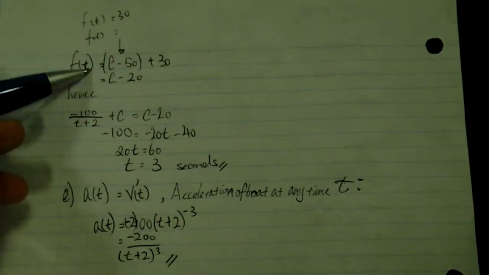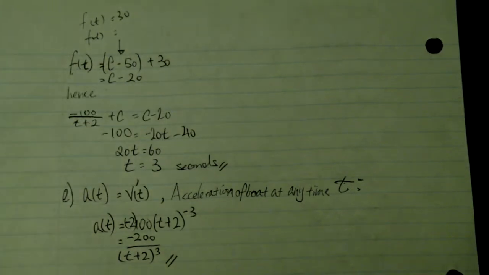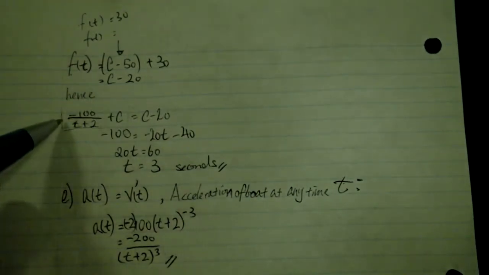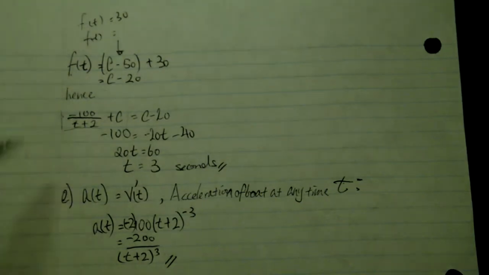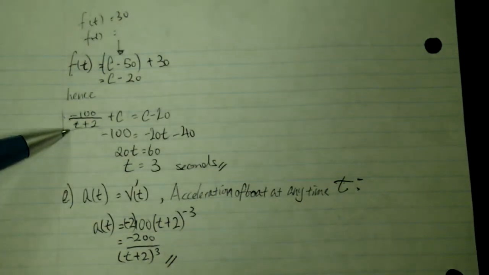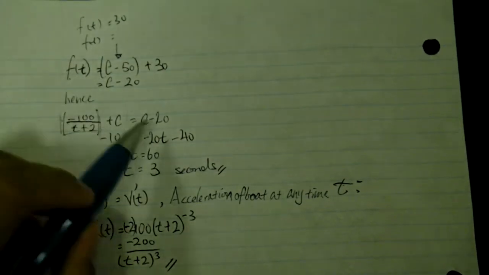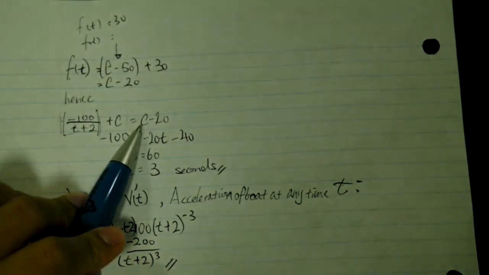So, by simple addition, you get c minus 20. Hence, when you substitute the integrated function, which is negative 100 over (t plus 2) plus c, it equals c minus 20 instead of 30.